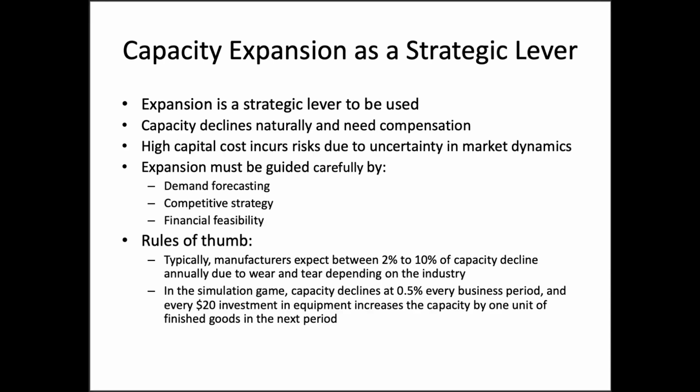Capacity expansion is a strategic lever to be used carefully. While production capacity declines naturally due to wear and tear, which needs compensation anyway, the high capital cost of capacity expansion brings financial risks due to uncertainty in the market dynamics.